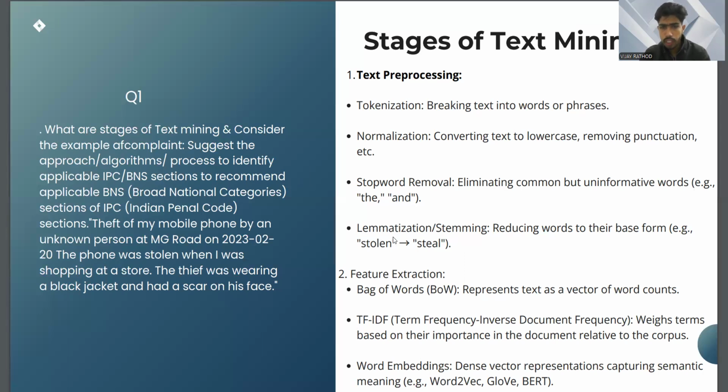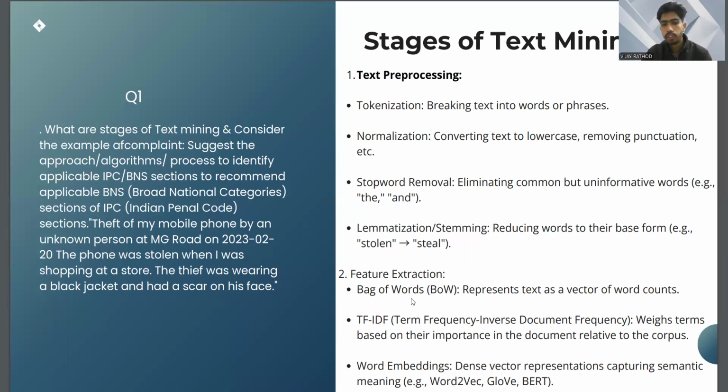Lemmatization or stemming is reducing words to their base form. Example: stolen is converted into steal. Now the second stage is feature extraction, where we extract features from the given data.